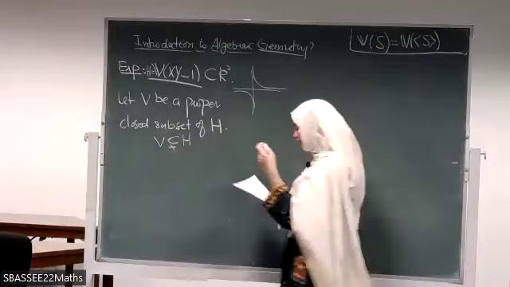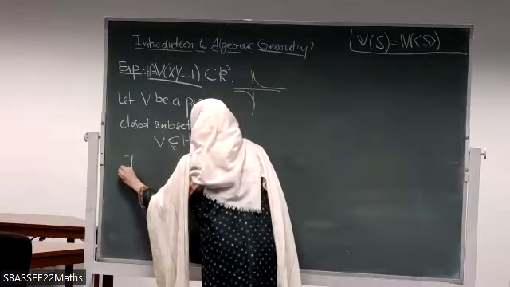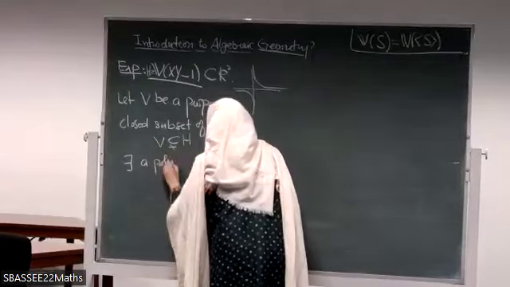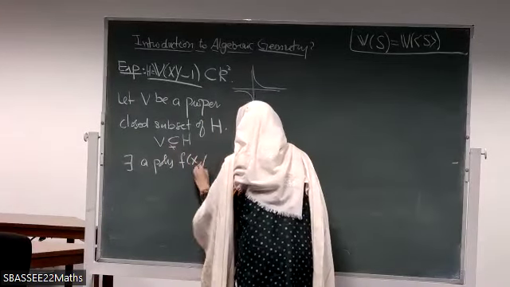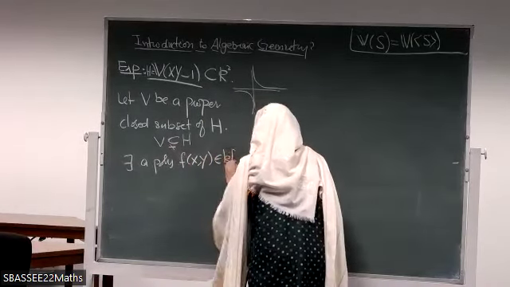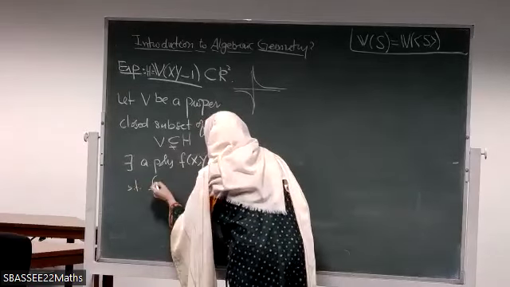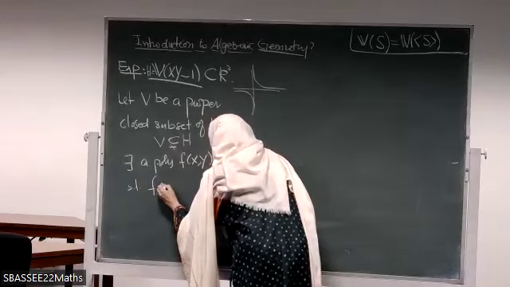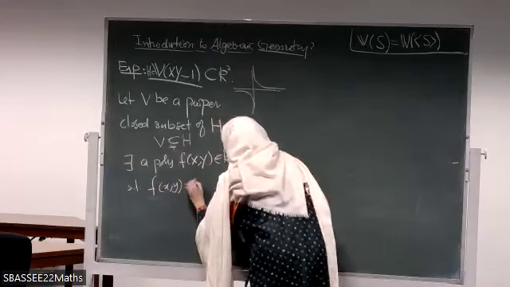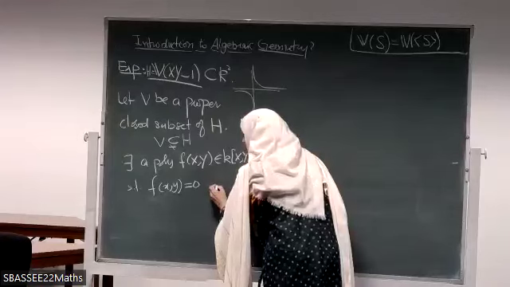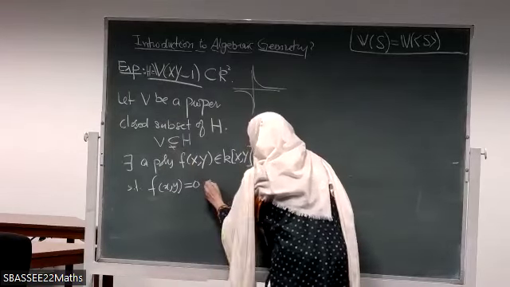Because it's properly contained. So this means that there is a polynomial f(x,y) such that f(x,y) is 0 on V.